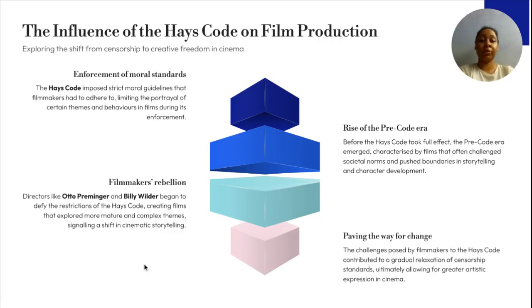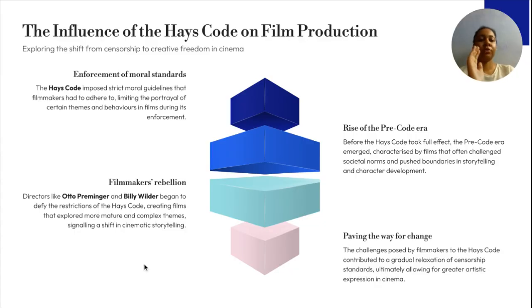So that was the one problem with the Hays Code, and the type of stories that people wanted to tell. You can't tell deeply personal stories. You can only go by those certain stories that are more suited. So, the rise of the pre-code era, which is before the Hays Code actually took full effect.